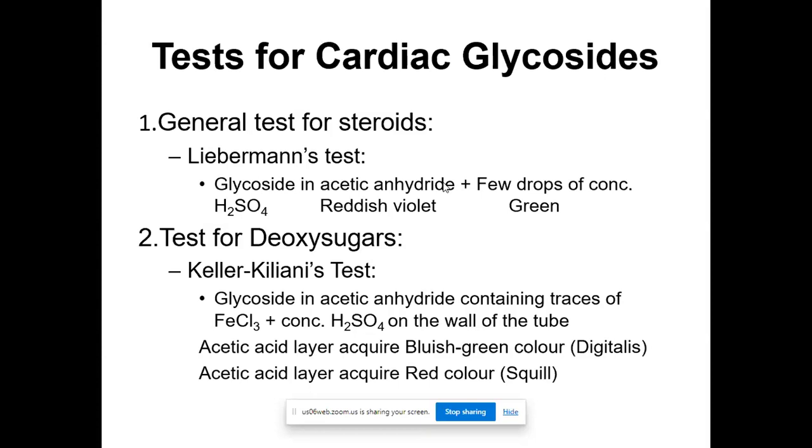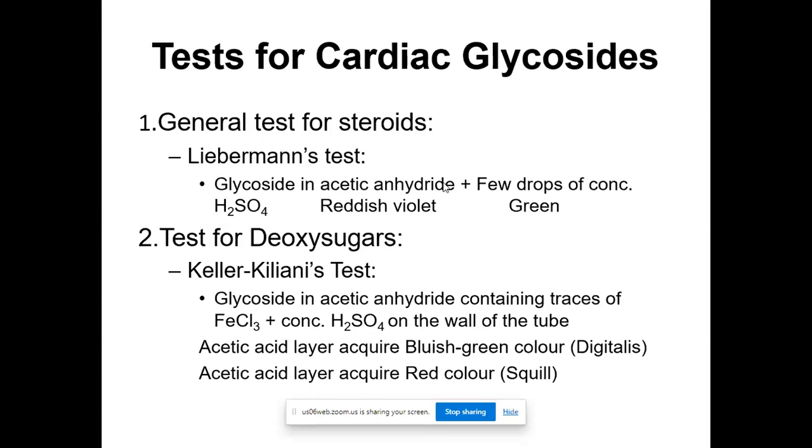So we go to the tests for glycosides. For the general test for steroids, you have the Liebermann's test, whereby the glycoside in acetic anhydride, you add a few drops of concentrated sulfuric acid, and it will give a green color. I think it changes from violet to green, but the result will be a green color.